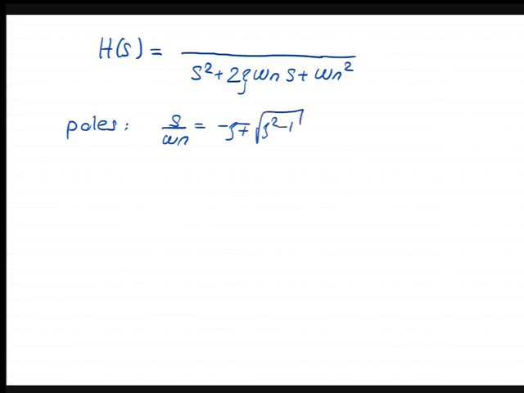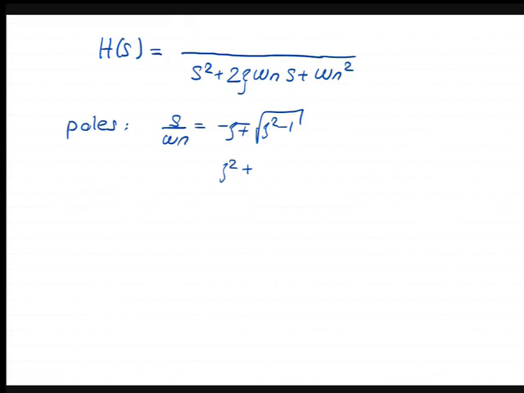Why is that good? Because what is the magnitude of this? So say this is imaginary, okay, zeta is less than 1, right? If I square the real part and square the imaginary part, add them up, what do I get? Zeta squared.